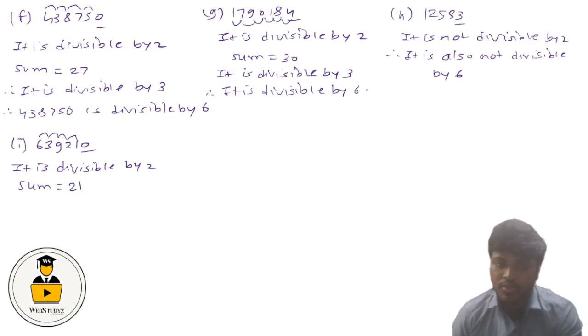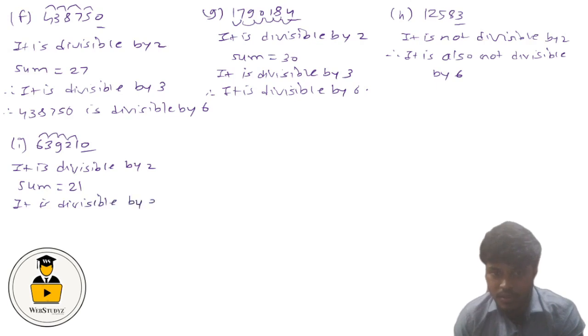Since the sum is 21 and it is divisible by 3, the number is divisible by 3 also. And since it is divisible by 2 and 3, we can say that the number is also divisible by 6.